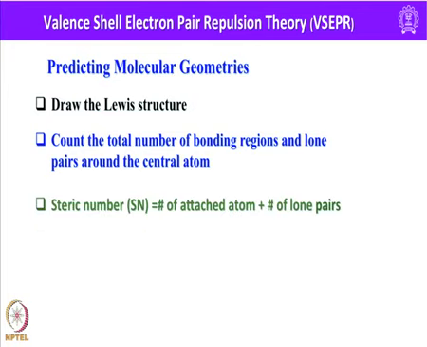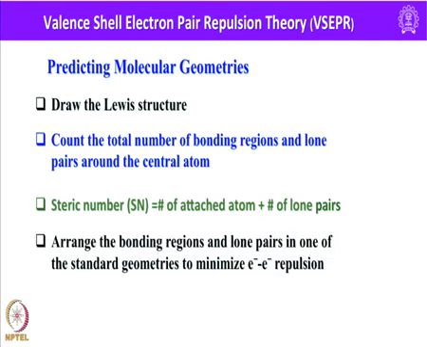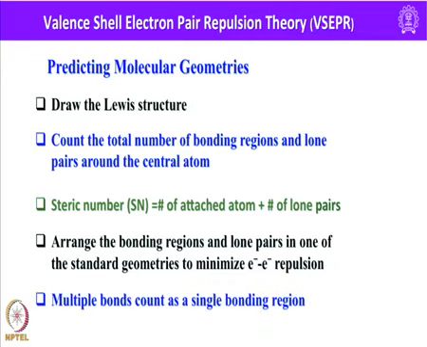And as I said, again I repeat, the steric number is nothing but the number of attached atoms plus the number of lone pairs. Then arrange the bonding regions and lone pairs in one of the standard geometries to minimize electron repulsion. Multiple bonds count as a single bonding region in VSEPR theory.